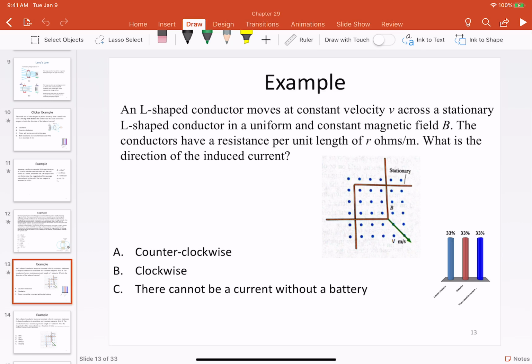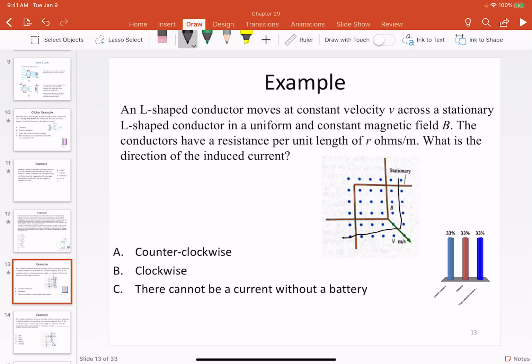And so the square area formed by these two L-shaped objects is increasing in size, because this conductor a little while later will be somewhere over here. So the area of this square loop is increasing, right? And the question is, what is the direction of the induced EMF and the induced current?